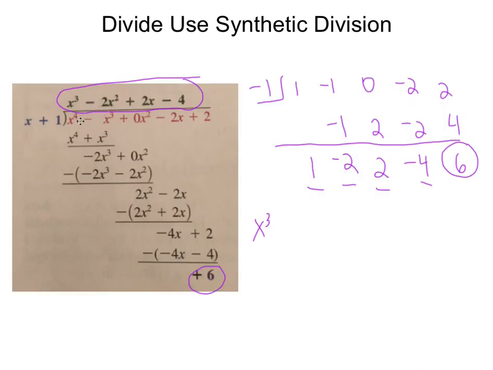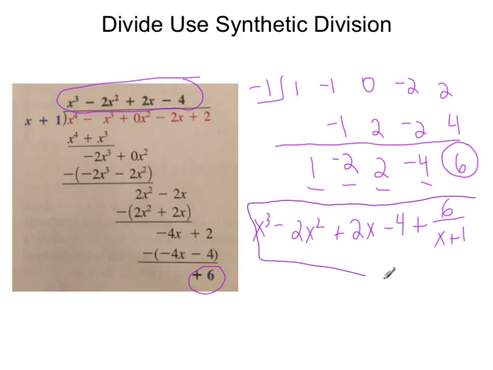Notice that is 1 less than the degree of my polynomial, minus 2x squared. My terms decrease by 1 in the exponent, plus 2x minus 4, and then there's my remainder, plus 6 over x plus 1. And that is synthetic division.